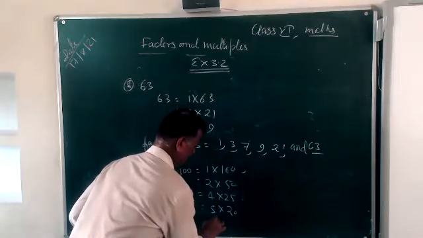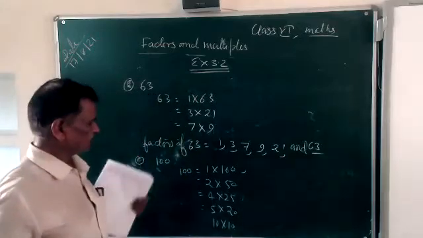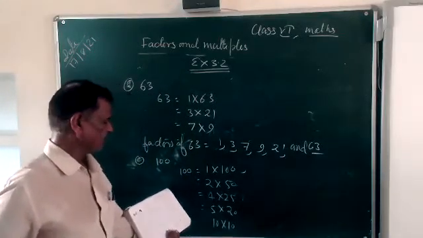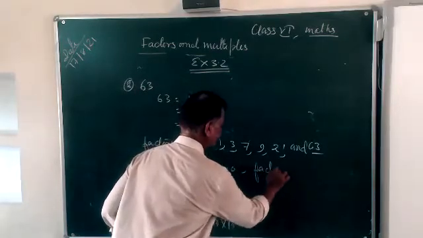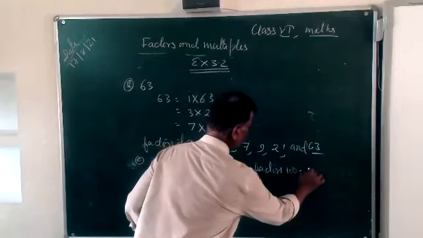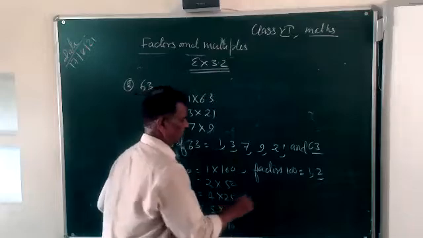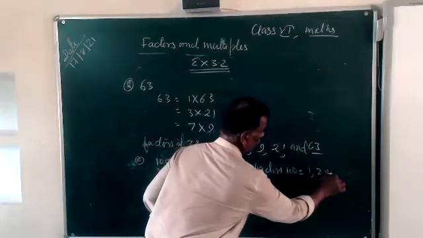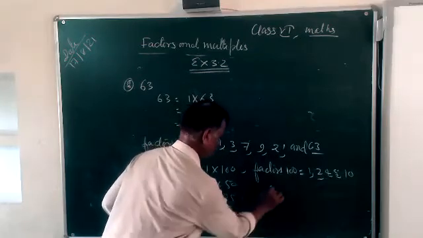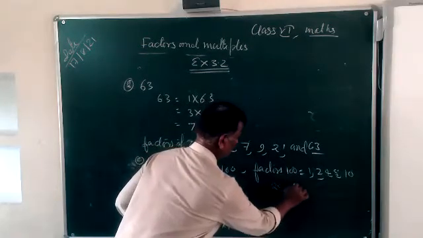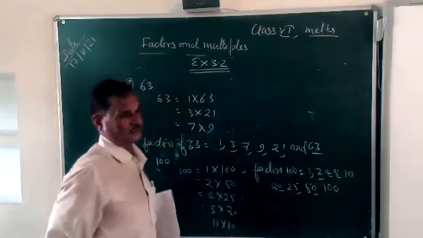Now 7, 8, 9, 10 into 10, 11 to 16, again coming. This number is repeating, so the factors of 100 are 1, 2, 4, 5, 10, 20, 25, 50 and 100 itself. These are the factors.